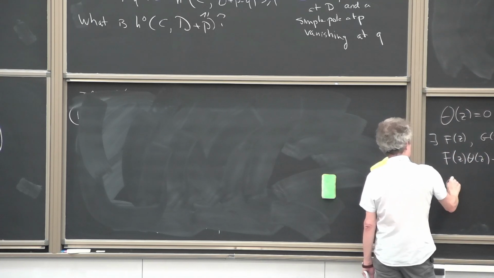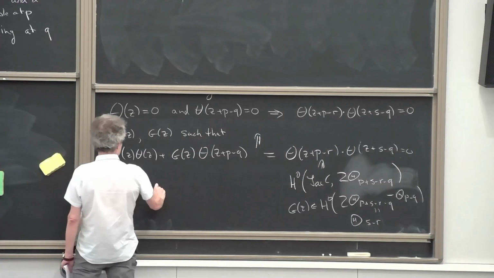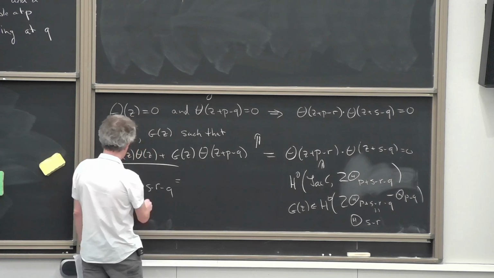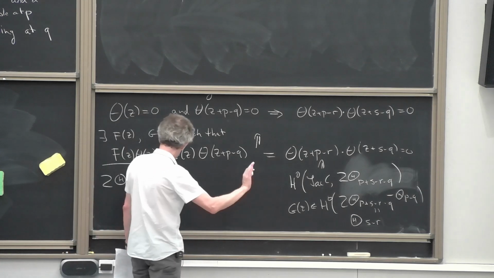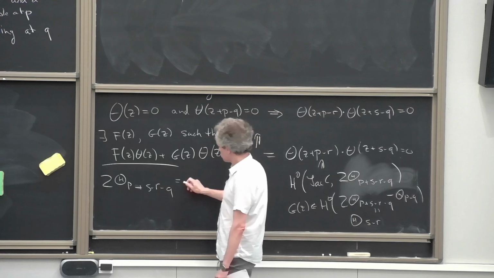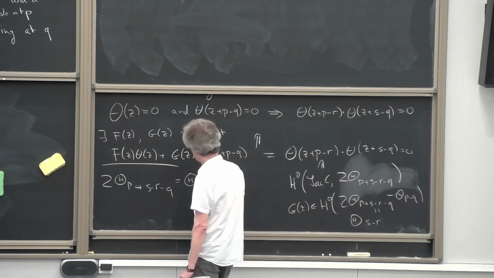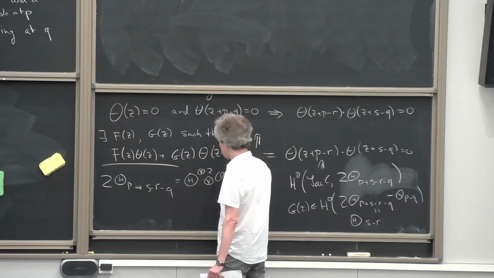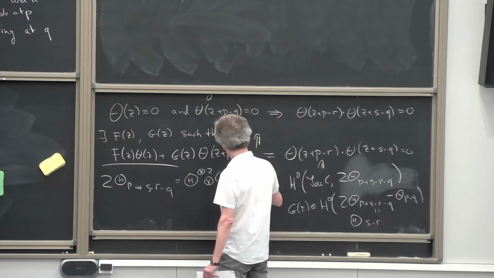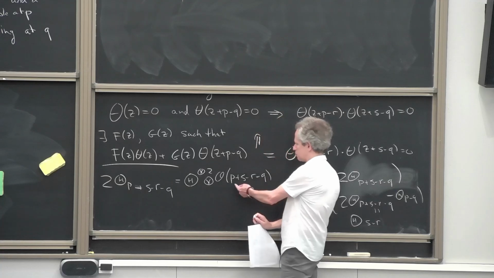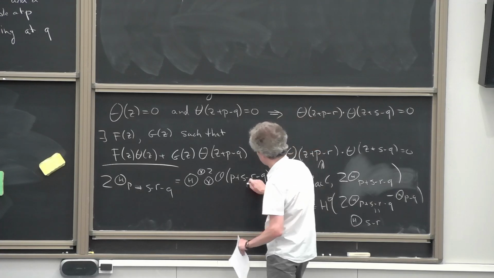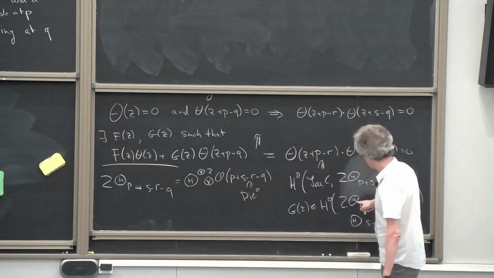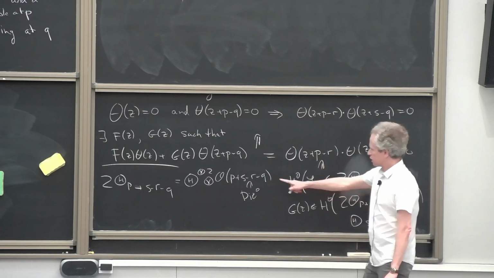So you're asking, what do I mean by 2 theta p plus s minus r minus q, right? What I mean by this is I take theta, I take its tensor square, which is a line bundle, and then I tensor it by O of p plus s minus r minus q. This is a line bundle in Pic^n, right?